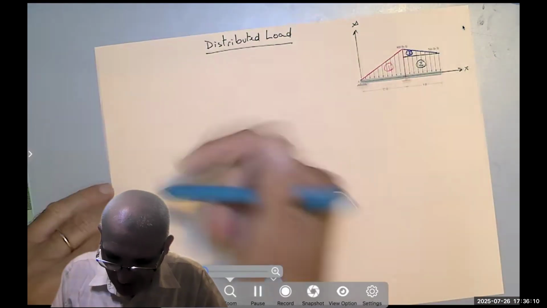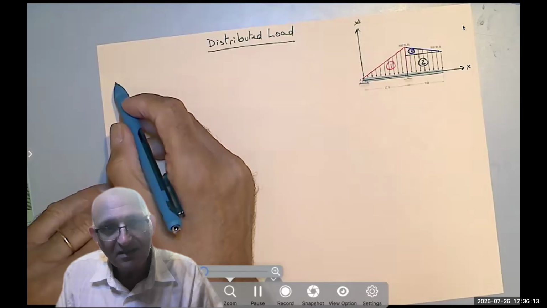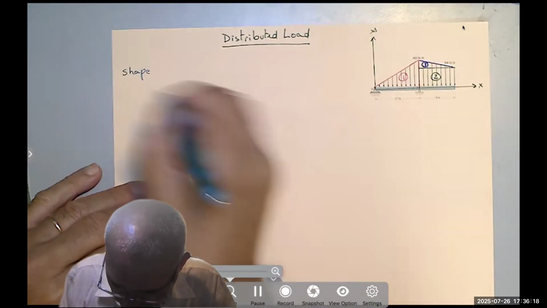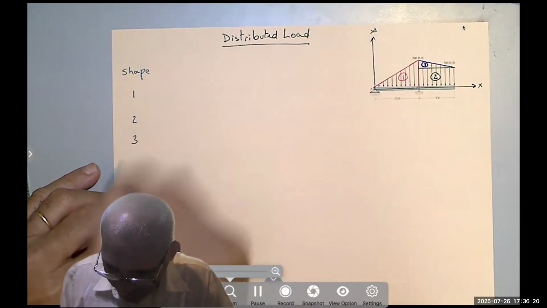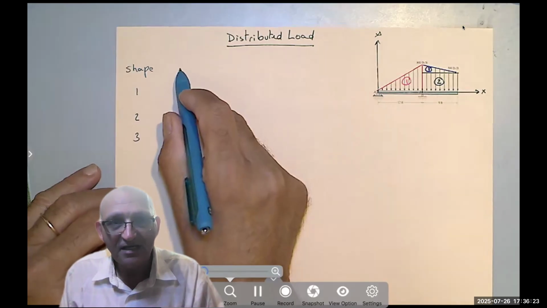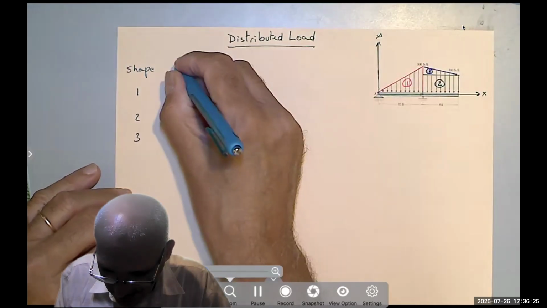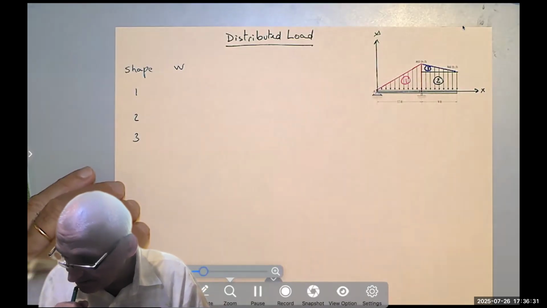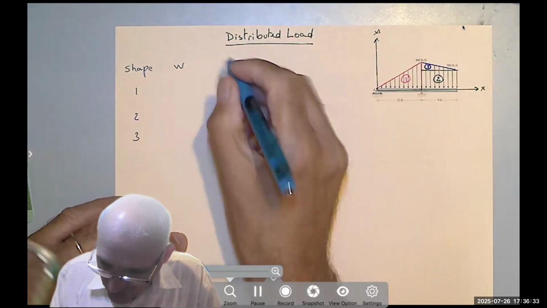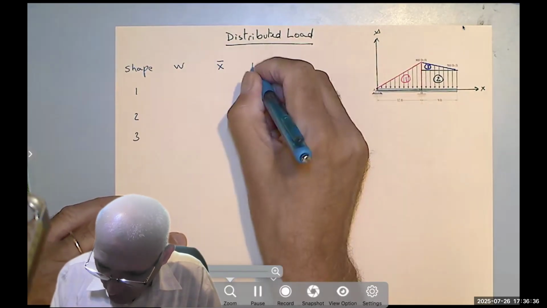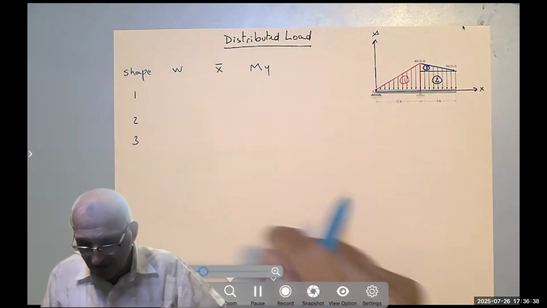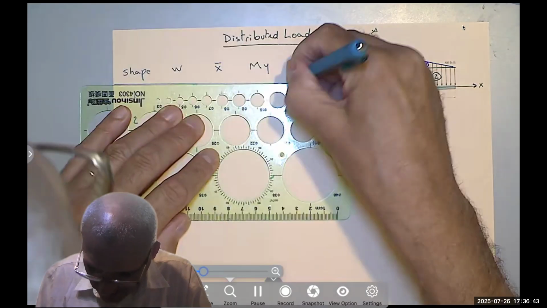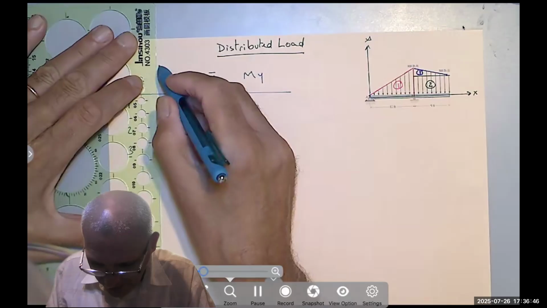Usually I say shape, so yeah, we can call it shape. We still have 3 shapes, so I'm going to say 1, 2, and 3. There I used to say area, but here I'm going to say the weight, because the weight here is an area. And then I'm going to say X bar and Mx. I don't need Y bar and My. So it's really a simpler problem of centroid.